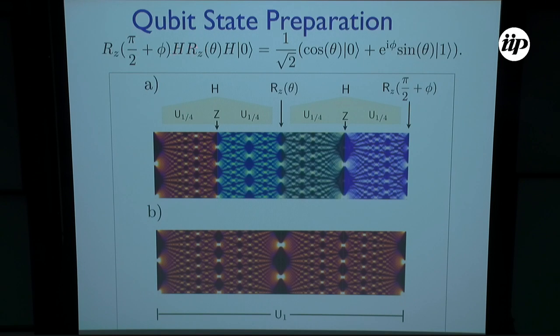This is an easy to follow result. You have the zero state, Hadamard, rotation along Z. Hadamard and rotation along Z prepares basically any qubit state, and then this is how it looks. Let's say a state preparation of an arbitrary state starting from a zero state.